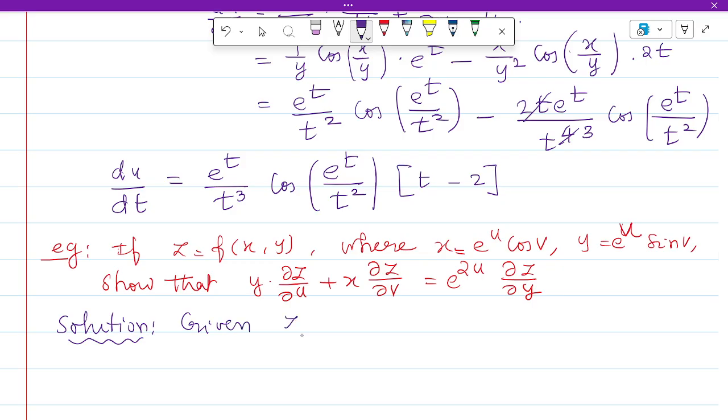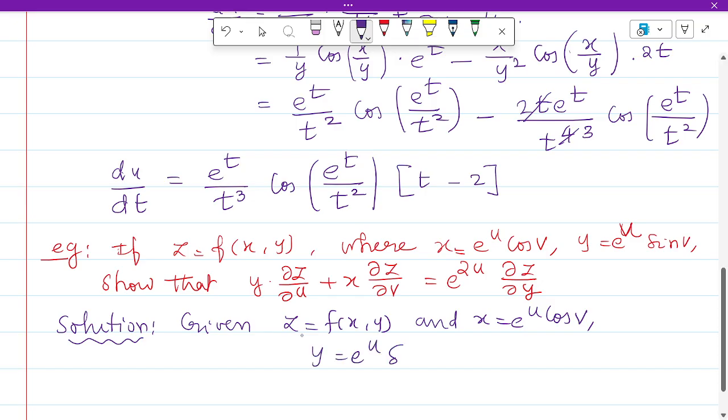Given z equal to f of x comma y, and x equal to e power u cos v, y equal to e power u sin v.